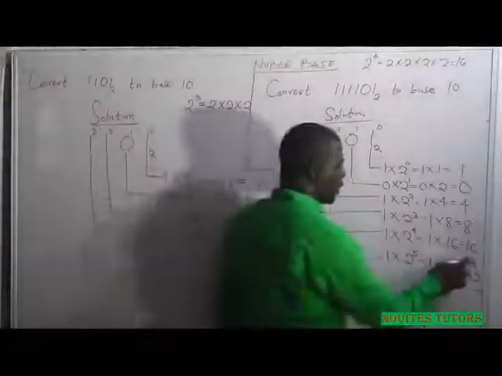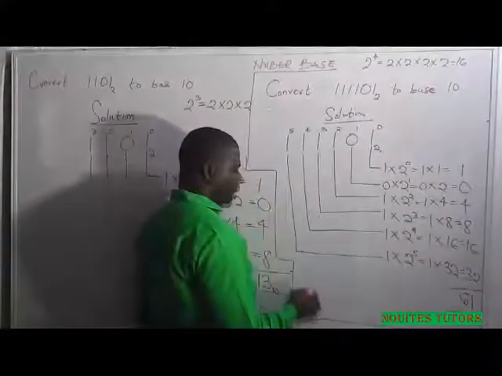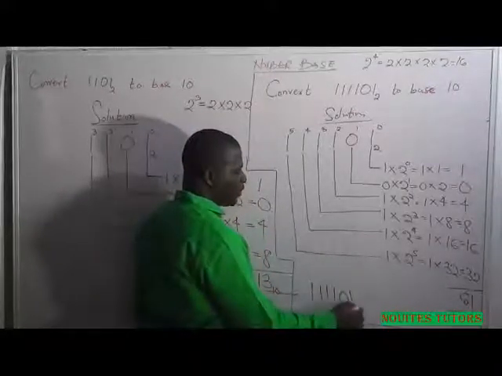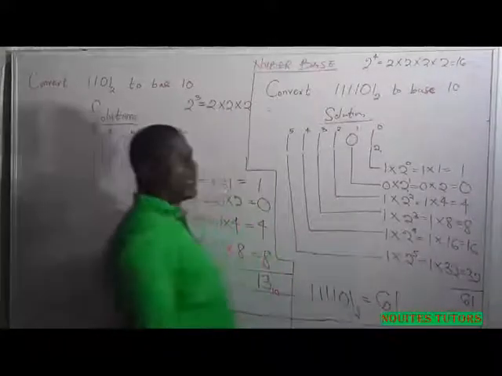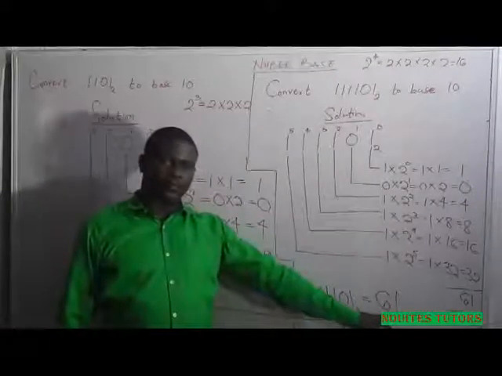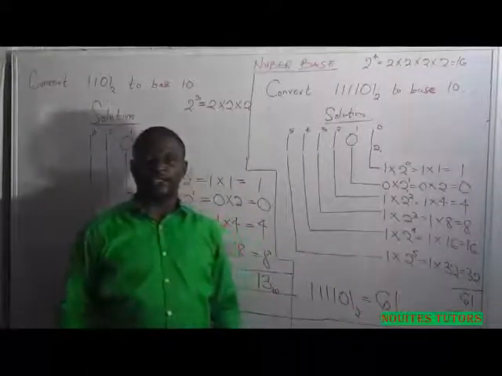Okay? So you have 61. So here now, the 111101, which is in base 2, you have converted it to base 10, which is what? 61 base 10. Don't forget, 61, that you don't have any base there, is in base 10 naturally.